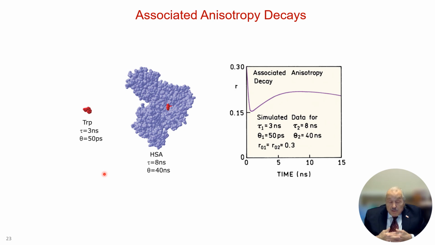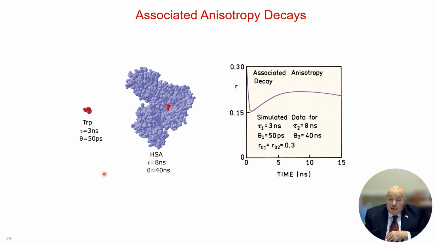When I was showing you the anisotropy decay for annexin, our picture was there's the tryptophan and it's hung onto this protein, and the whole thing is rotating, and the decay is showing you something about whether there's any domain motion in that protein or not. But what if you had more than one rotating species in the sample?